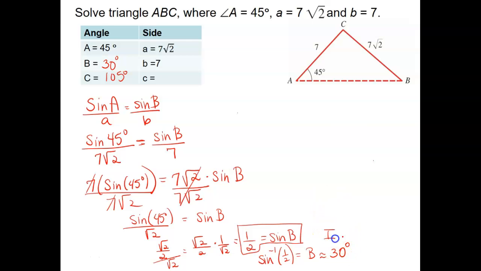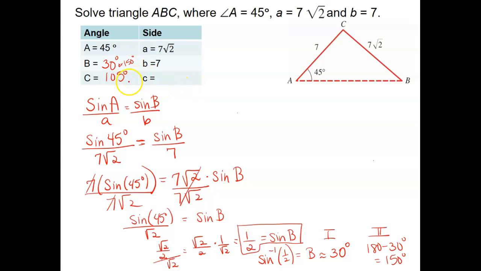That's my first quadrant angle. But remember, we also could have a second quadrant angle. So when that happens, we're going to do 180 minus the 30 degrees. So we're going to get 150. Okay. So my angle B could either be 30 degrees or it could be 150 degrees.